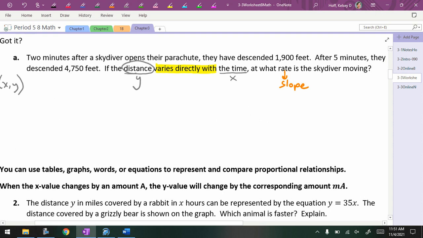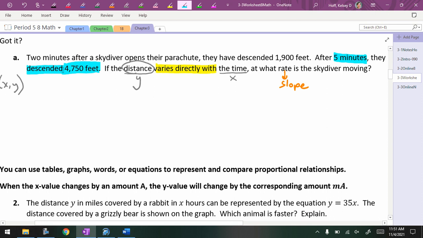Can anybody tell me a time and a distance that would go together? Gatlin? 5 minutes and 4,750 feet. What's this word?